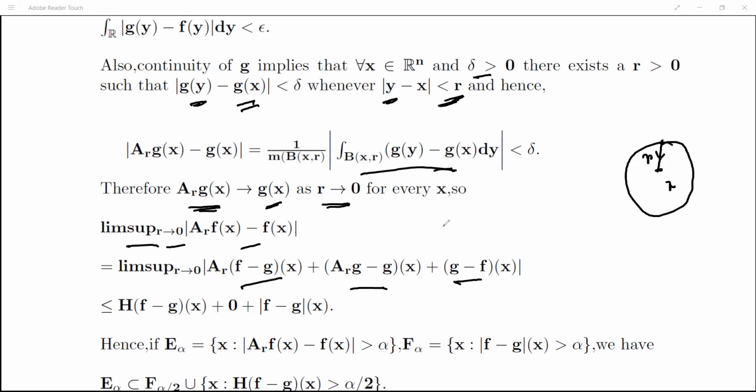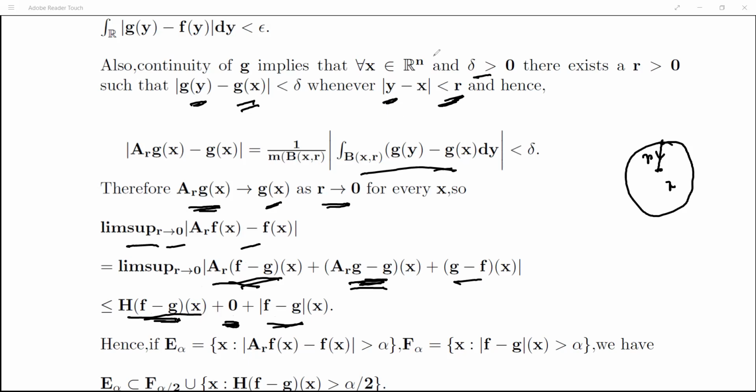So you split this into 3 parts, and the first part is dominated by the Hardy-Littlewood maximal function by definition, because the Hardy-Littlewood maximal function was defined as the supremum of all the average values, where the supremum is taken over all r positive. So obviously this will be dominated by the Hardy-Littlewood maximal function. This thing will go to 0 because of the continuity of g, and the rest is just |g minus f|.